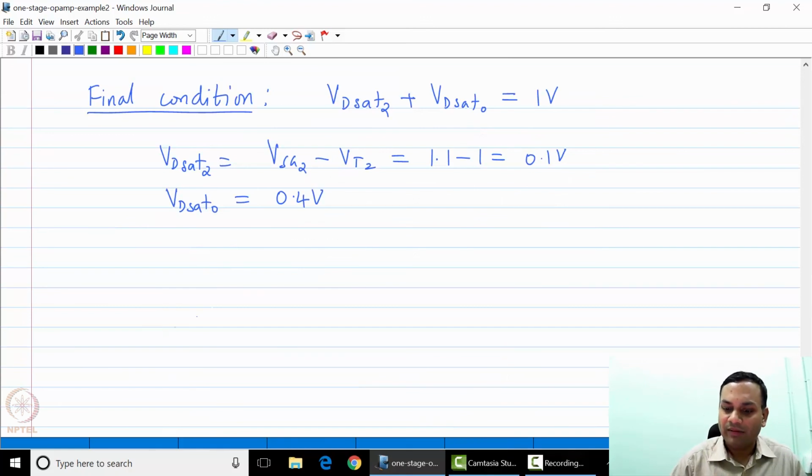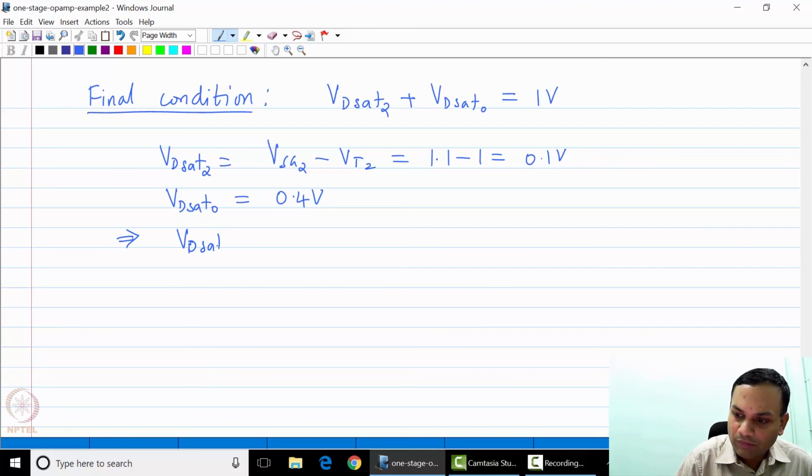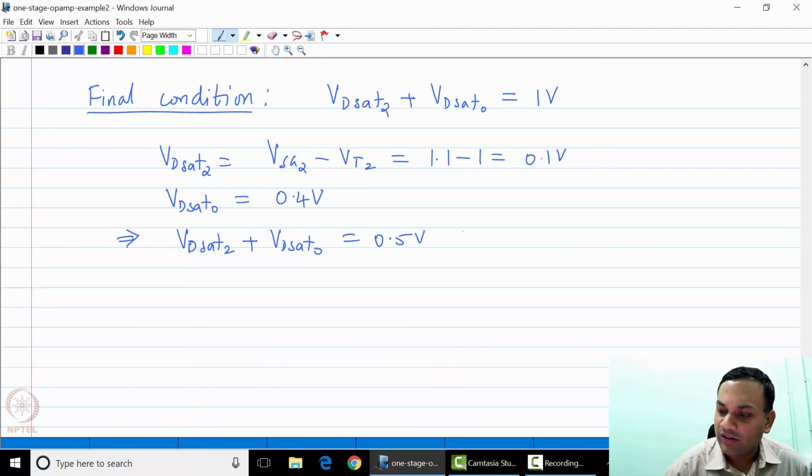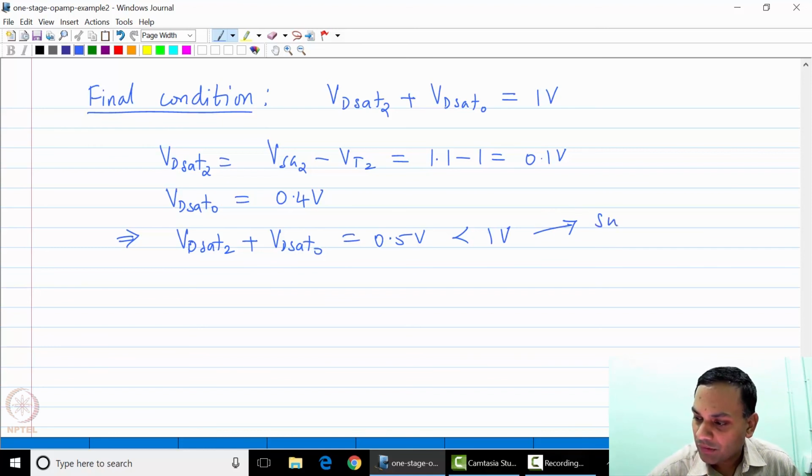By design, clearly VD sat 2 plus VD sat 0 is 0.5 volts, which is less than 1 volt. Swing limit possible is achieved.